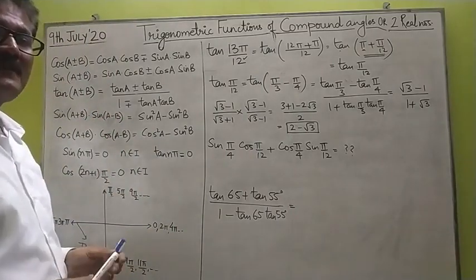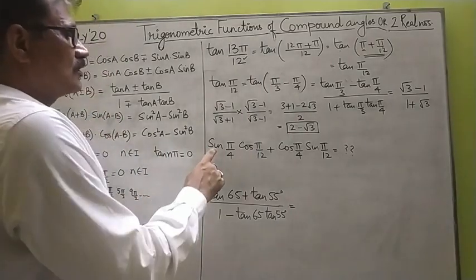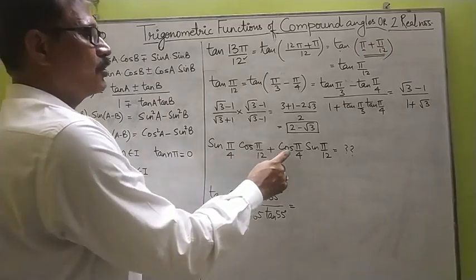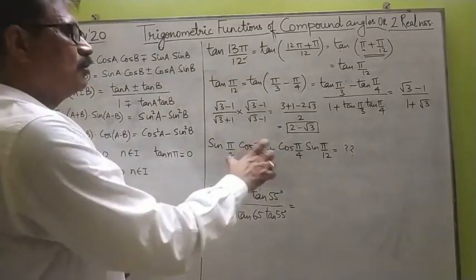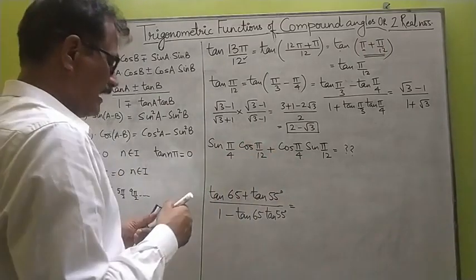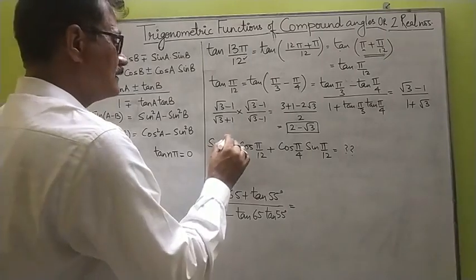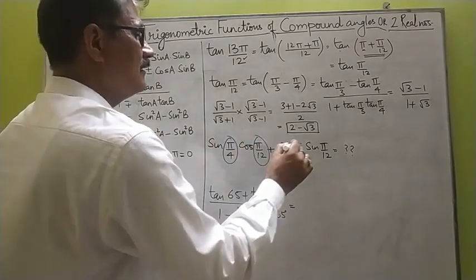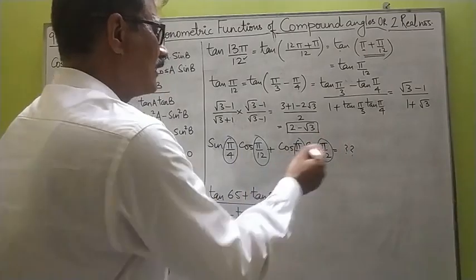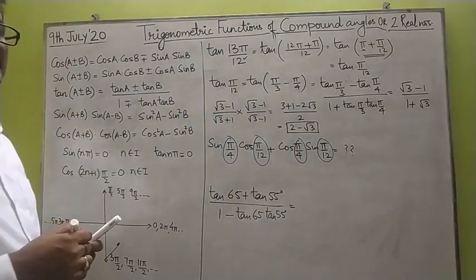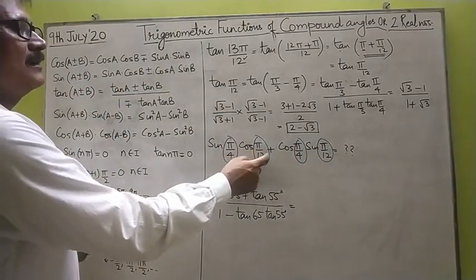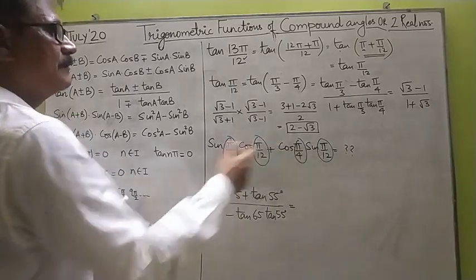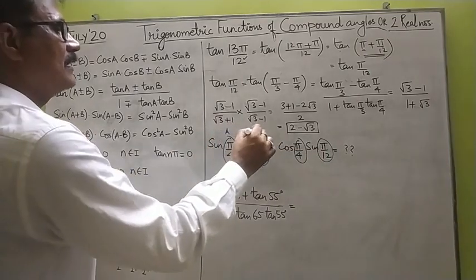Now children, look at the next sum. Sin pi by 4 cos pi by 12 plus cos pi by 4 sin pi by 12. In both the expressions we have the same angles being used, that is pi by 4 and pi by 12. Can you recognize it from any of these formulas? Sin A cos B plus cos A sin B. If you mark this as A and this as B, what do you find?